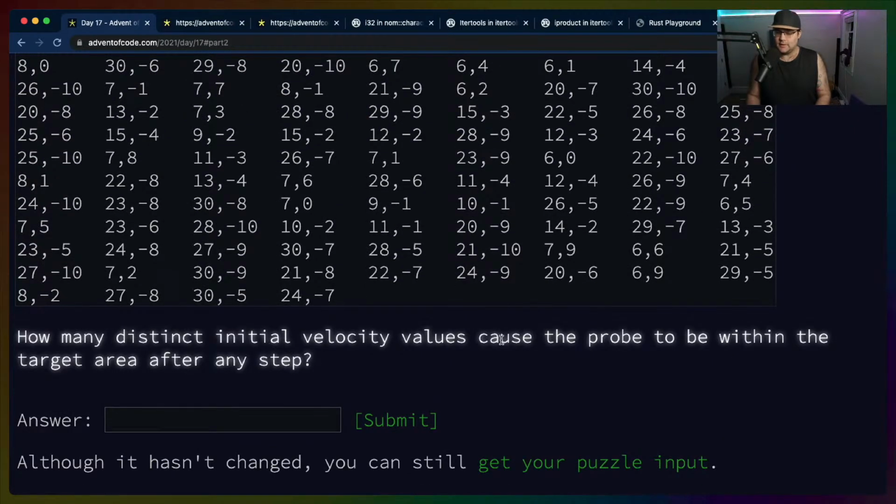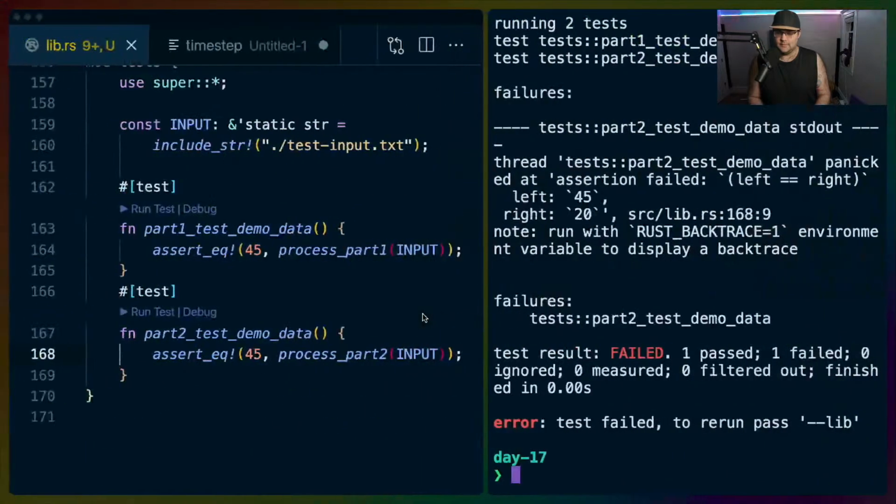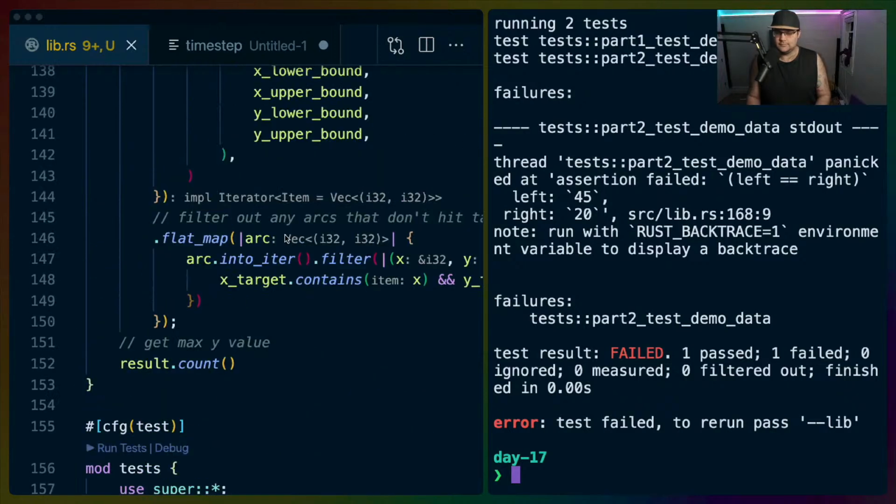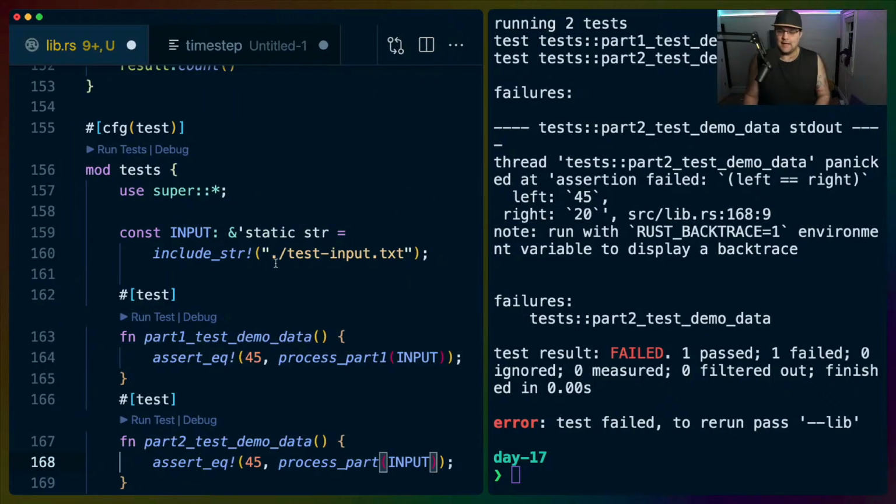How many distinct initial velocity values cause oh. Oops. It's not the actual spots, so it's actually just this count, isn't it?